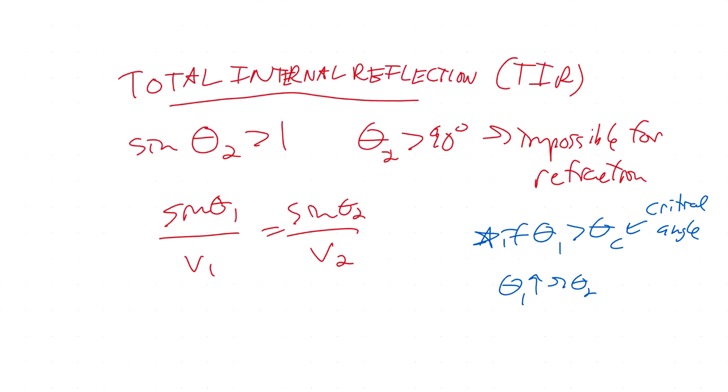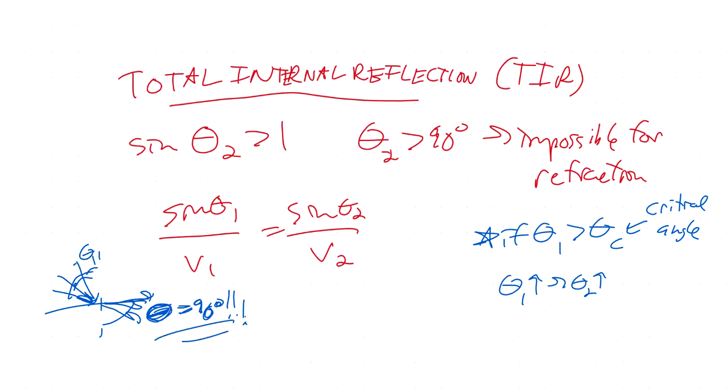So as I increase this angle, theta 1, if I start off like this and I keep increasing it, then theta 2 will begin to increase, and eventually theta 2 equals 90 degrees. When theta 2 equals 90 degrees, we've reached that boundary of TIR.